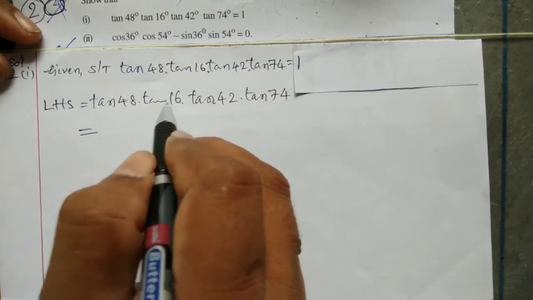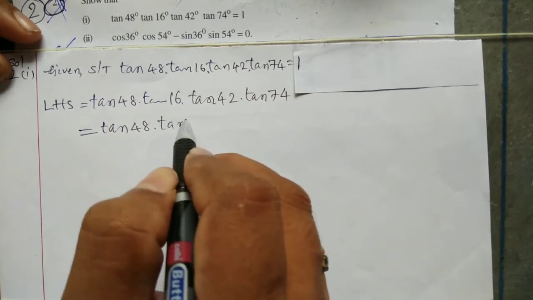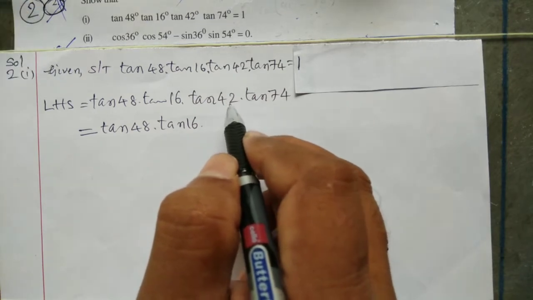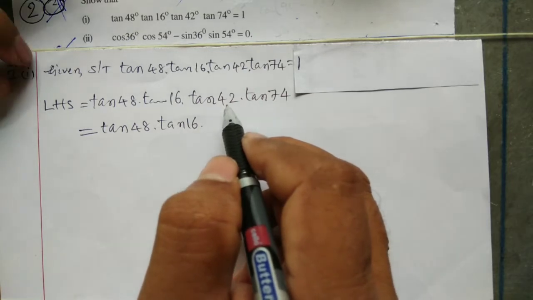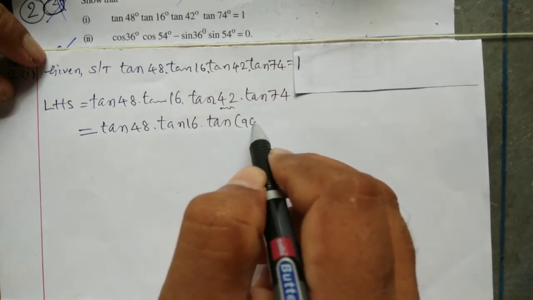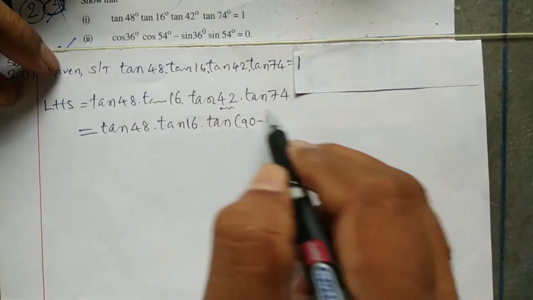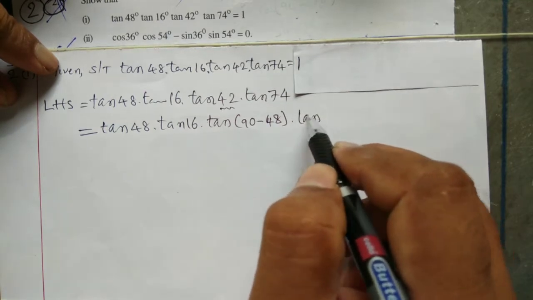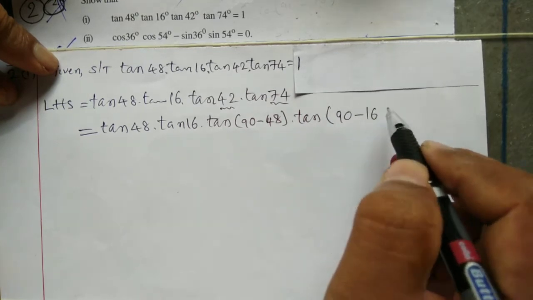I will write this as it is: tan 48, tan 16, but I will change this: tan 42, 90 minus 48. This I will change: tan 90 minus 48, and also this angle, tan 90 minus 16.